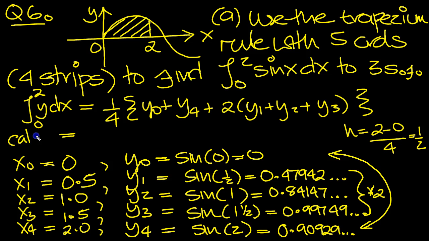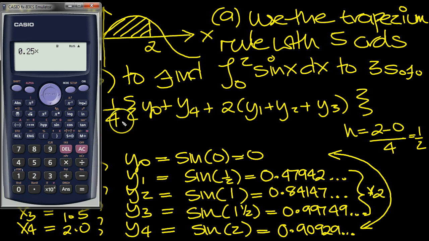So a calculation then. It's a quarter, so let's tap that in, it's 0.25 times bracket the first plus the last, so that's simply 0.90929 plus, and then it's 2 times, bracket the 3 terms in between here, y1, y2, y3, so it's 0.47942 plus 0.84147 plus 0.99749.